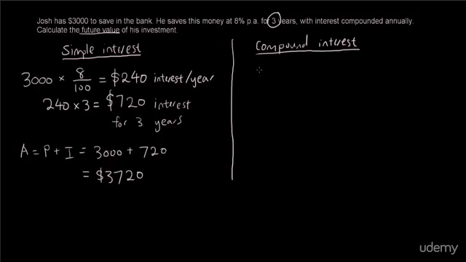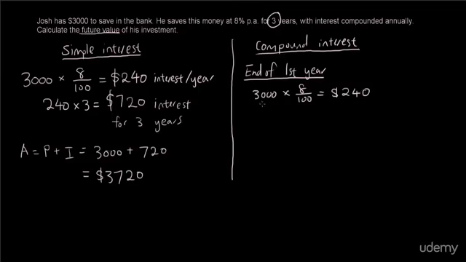So what that means is we're going to look at this 1 year at a time. So at the end of the first year, the interest that Josh earns will be 3,000 times 8 out of 100, which is $240. Now here is the difference.